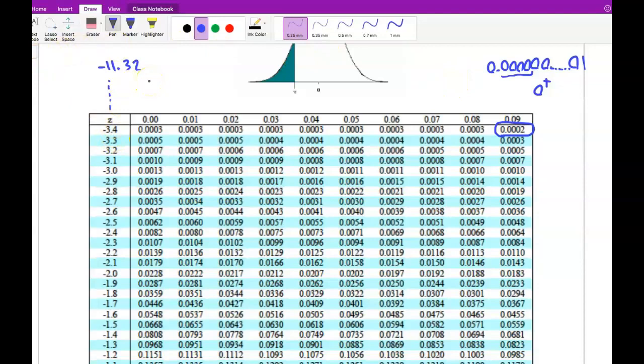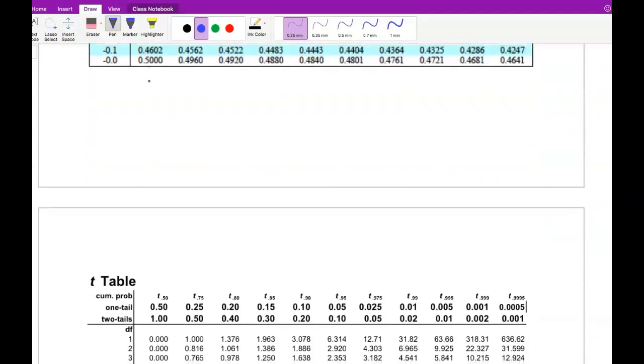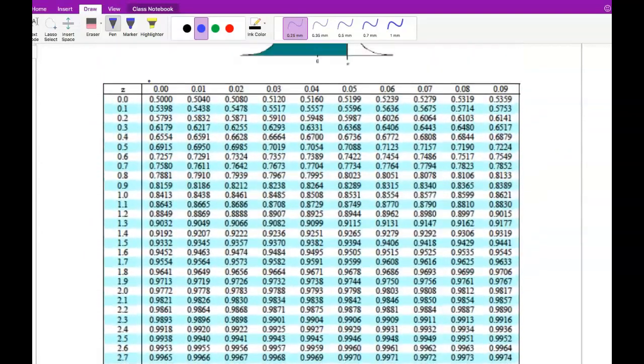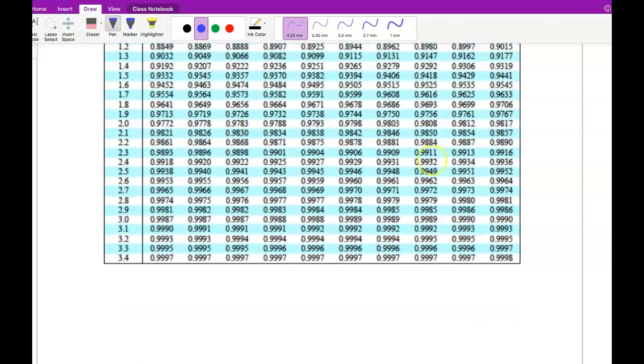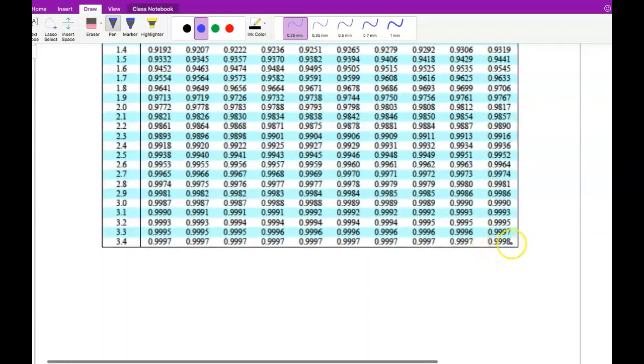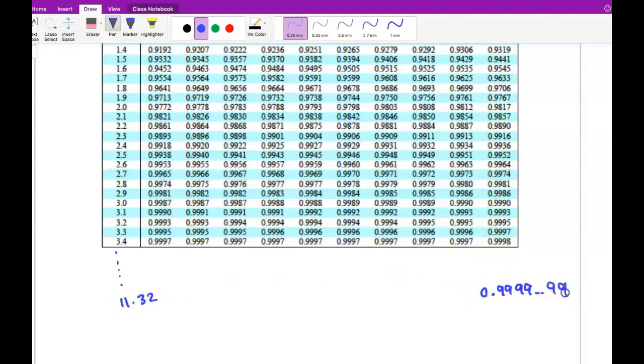This is also true when you have a positive z-score. See, here we have 3.49. We have 0.9998. When it's increasing, for example, 11.32, now I have positive, then you're going to have 0.9999. 3.99 is like that, so it's getting closer to 1.